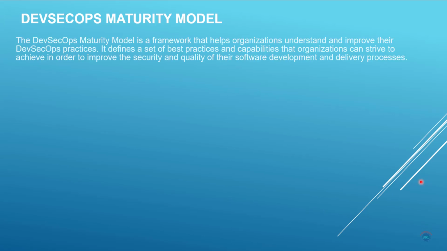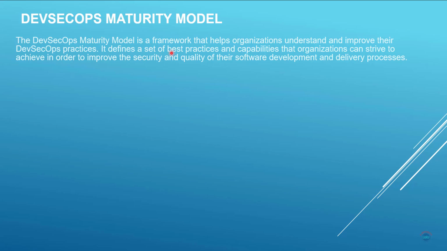Let's first understand what is this framework. Now, this framework helps organizations to understand and improve their DevSecOps practices. You can see it helps to understand and improve the DevSecOps practices, and this is specifically for DevSecOps. You might be hearing it for the first time, but it's very popular in the enterprise environment.